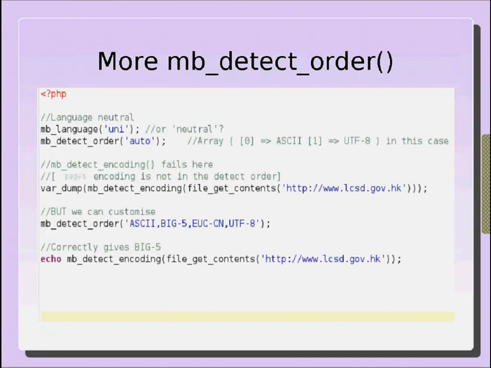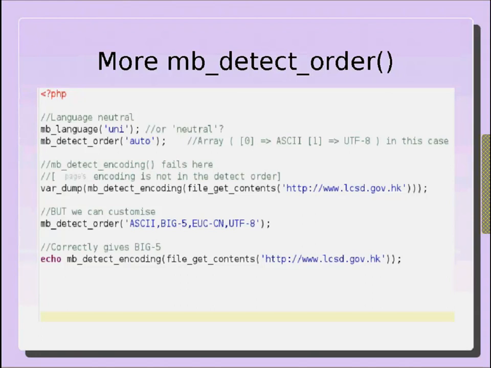Let's play with this detect order list. We are language neutral, and then we set an automatic detect order, which if we dump out is the same as it is for English, just ASCII and UTF-8.